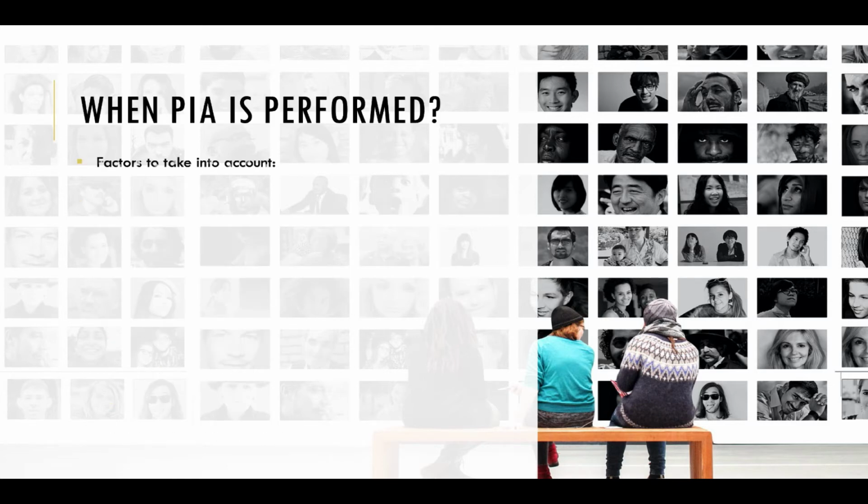The following factors should be taken into account when a PIA is performed. With which set of privacy regulations must the organization comply? For example, the EU Data Protection Directive, the GDPR, the Canadian Personal Information Protection and Electronic Documents Act or PIPEDA, or the Children's Online Privacy Protection Act or COPPA. Which standards, such as the Better Business Bureau's Code of Business Practices, is the organization obligated to uphold as a result of industry membership?